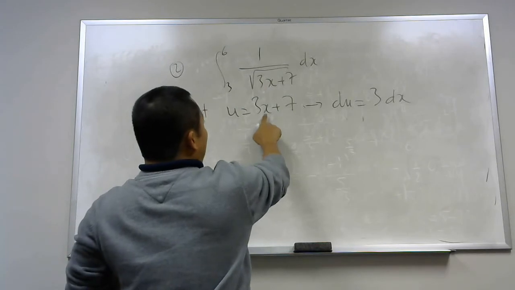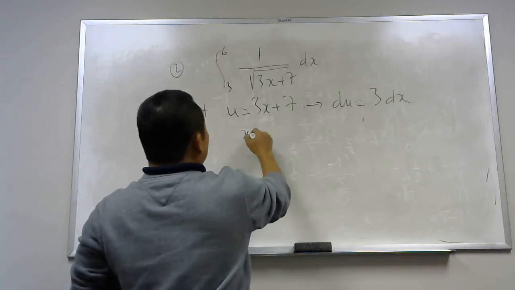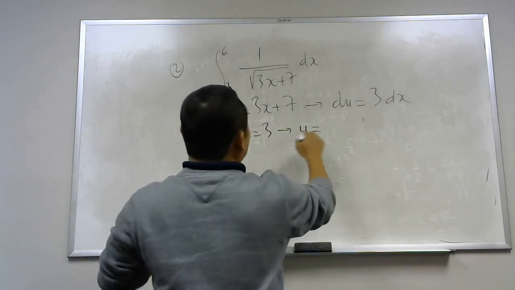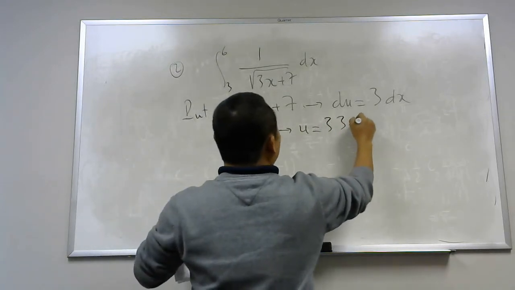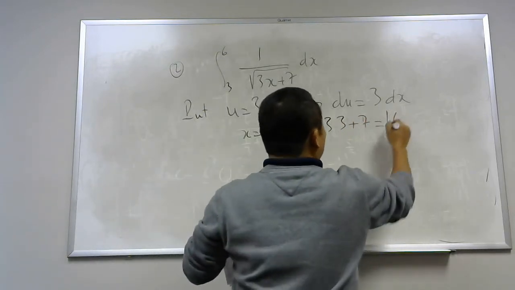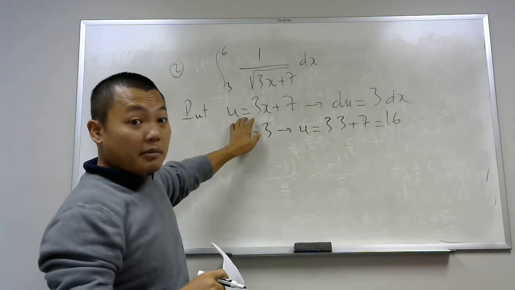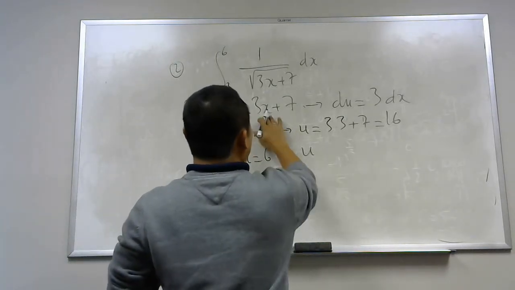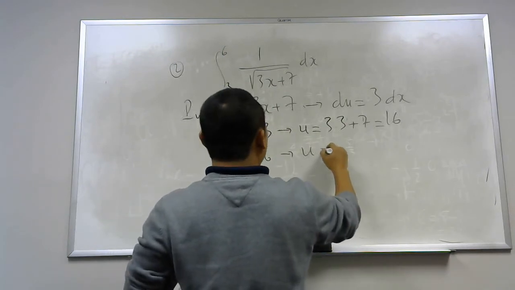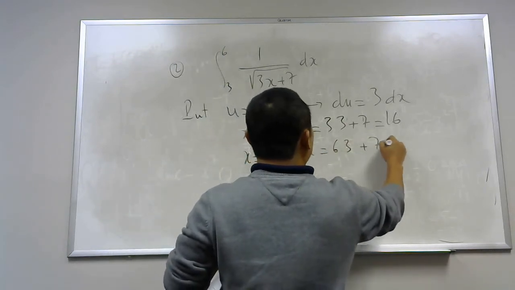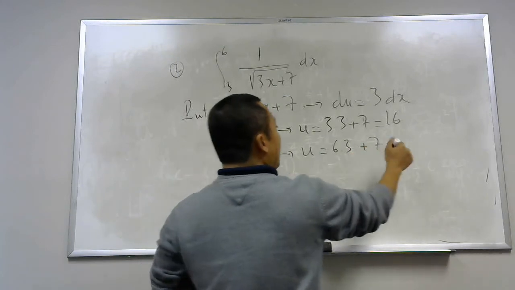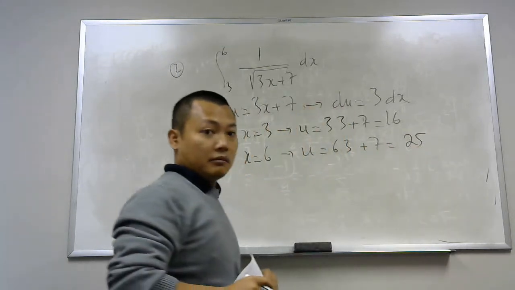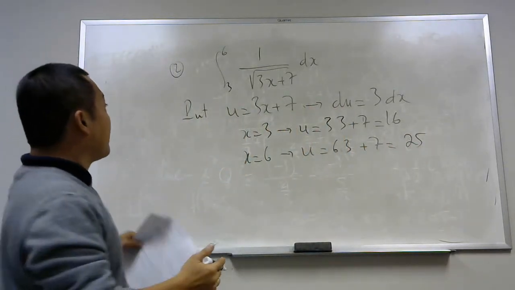Based on this substitution, when x equal to 3, u equals 3 times 3 plus 7, which is 16. And when x equal to 6, u equals 6 times 3 plus 7, 18 plus 7, which is 25.